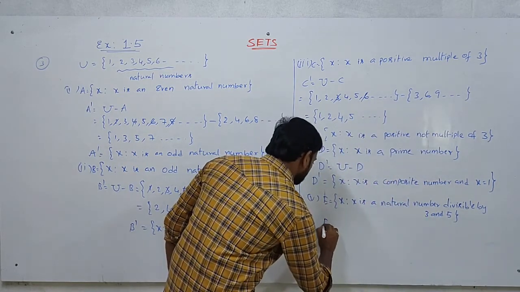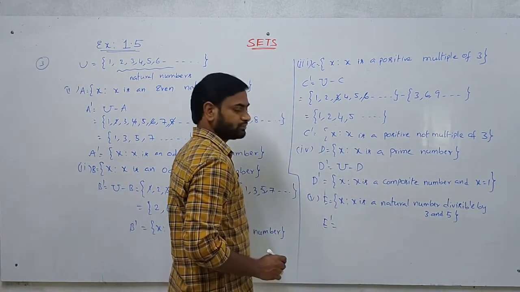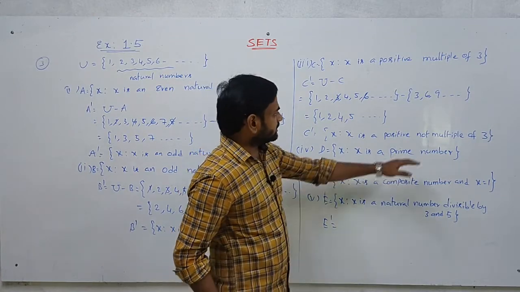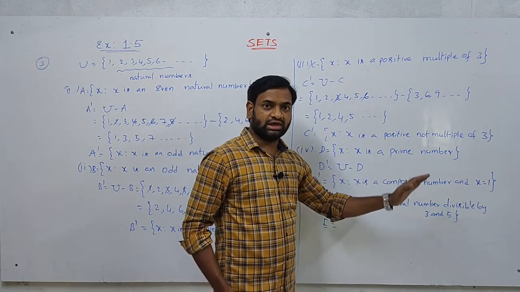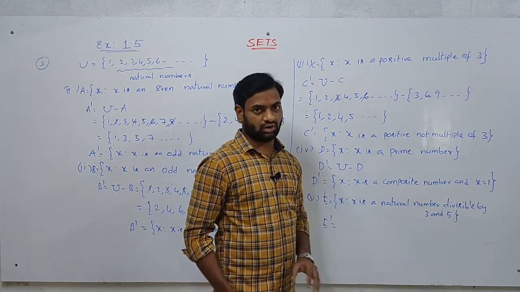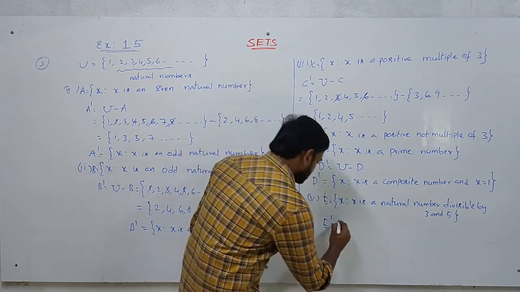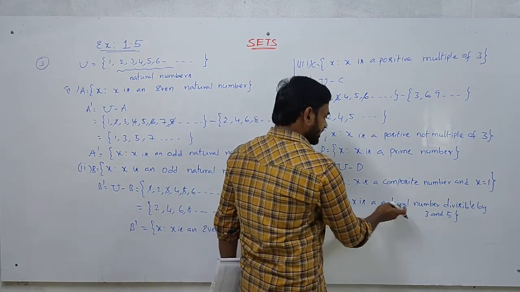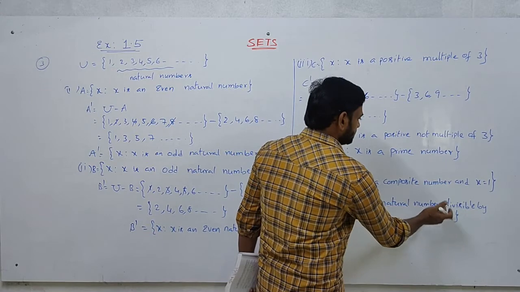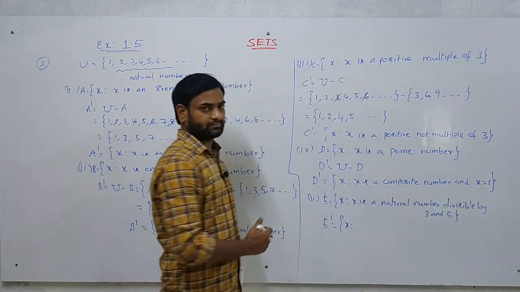That is, what is the complement of this one? E dash. Simple here. If there is no not, include not. If not is there, eliminate or remove not. That's it. Now E is x such that x is a natural number divisible by 3 and 5.